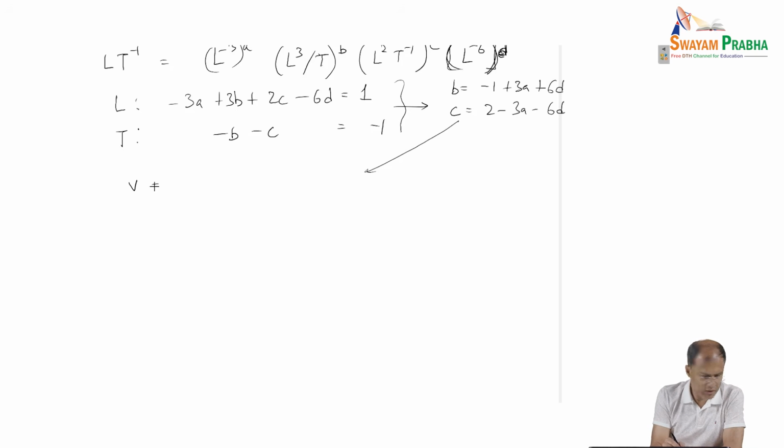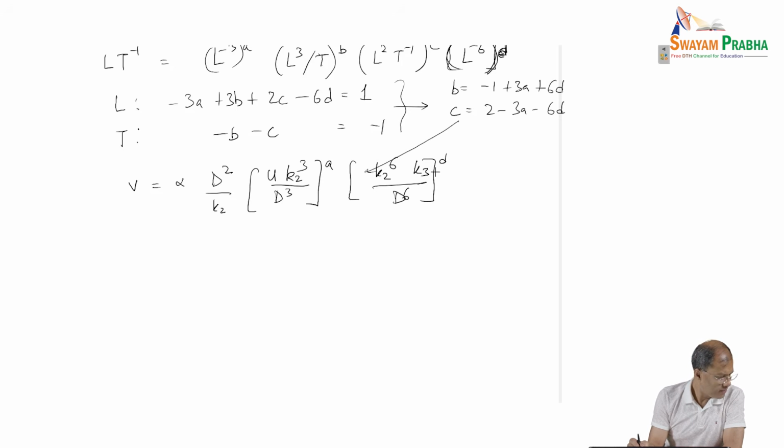So v comes out to be alpha times d square by k2 times the first dimensional group u times k2 cube by d cube to the power a times k3 by d to the power 6 d, right?